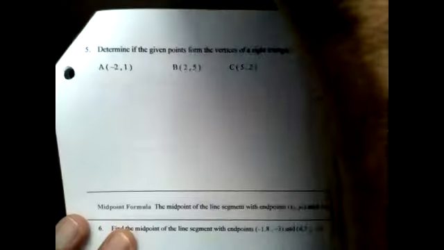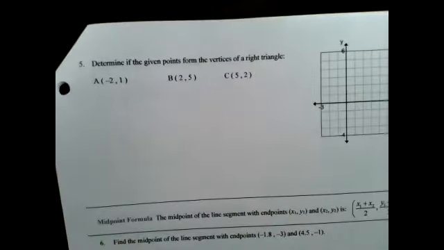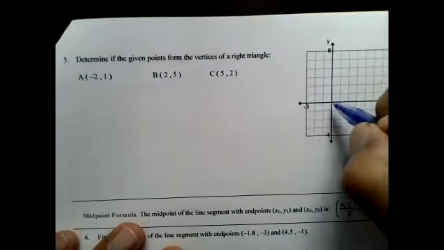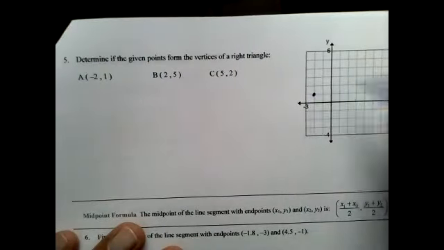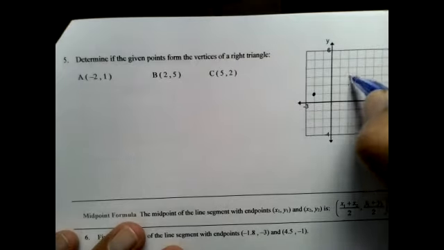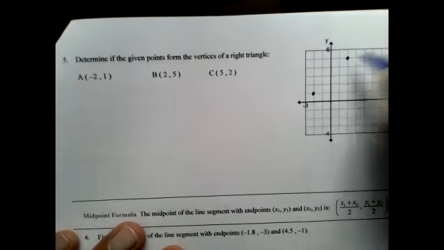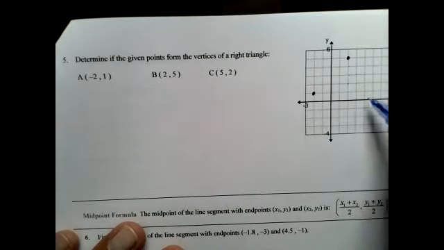All right, determine if the given points form the vertices of a right triangle. I'm going to graph it first. -2 and 1, +2 and 1, 2, 3, 4, 5.